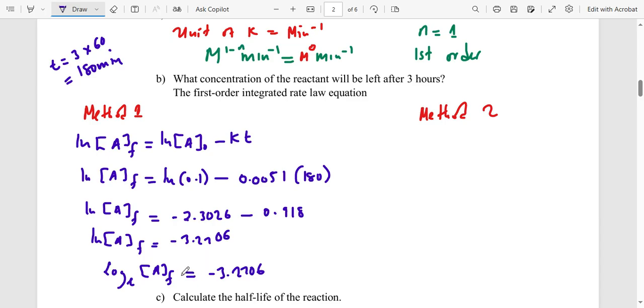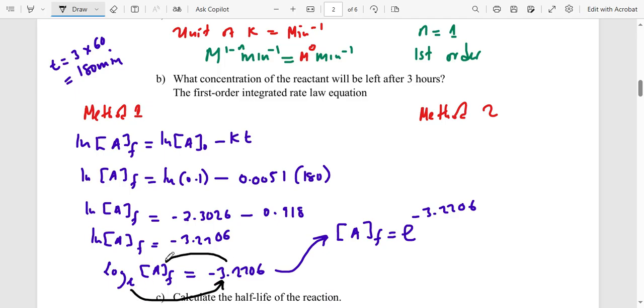You need to convert now a logarithm to exponential function. How do you do that? Logarithm to exponential: this base, e, you get the base, and the number that is after the equal sign is the power, negative 3.2206. So the way you convert logarithms to exponential function is you say e to the power this number is equal to this number that is here.